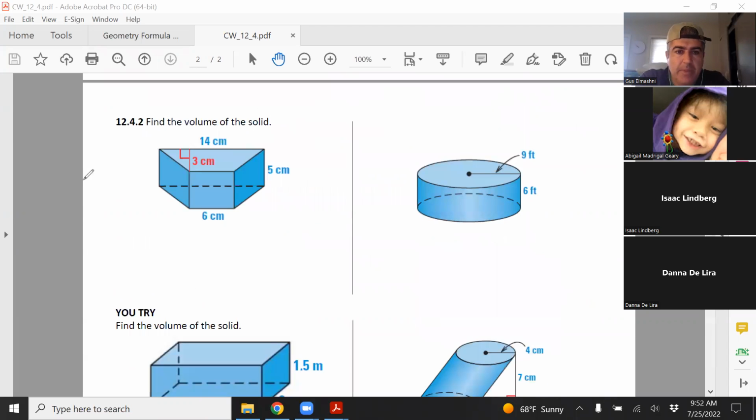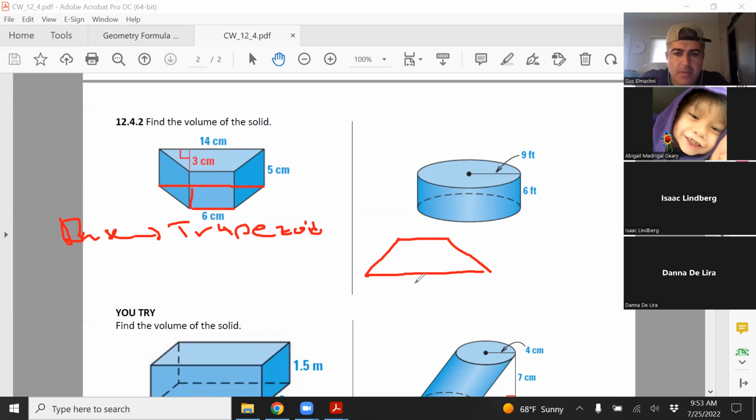So in this case, our base is a trapezoid. So that's 14, that is 6, and that is 3. Okay, so to find that area is not that hard.